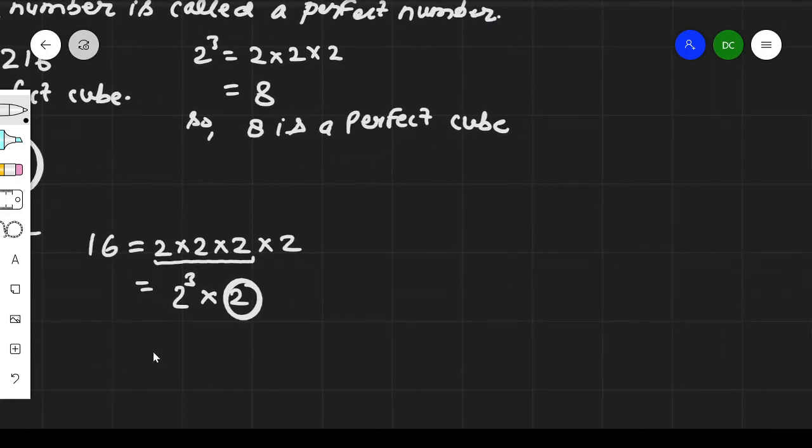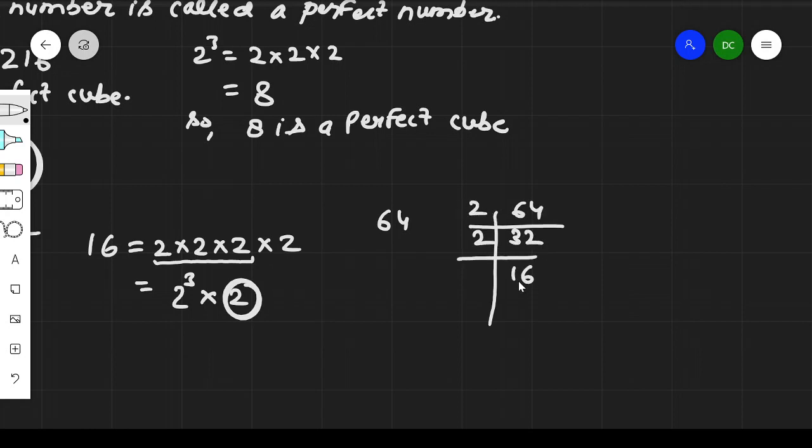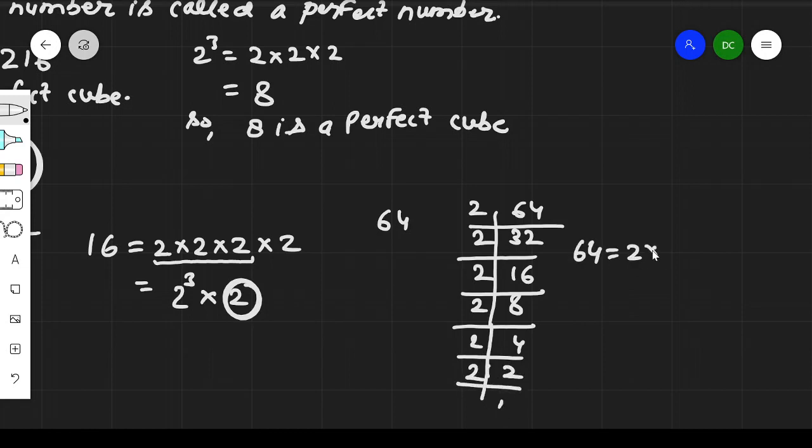Okay, let us check whether 64 is a perfect cube or not. How to check? Do the prime factorization of 64. 2 32s are 64, 2 16s are 32, 2 8s are 16, 2 4s are 8, 2 2s are 4 and 2 1s are 2. So 64 can be written as 2 multiplied by 2 multiplied by 2 and again 2 multiplied by 2 multiplied by 2.